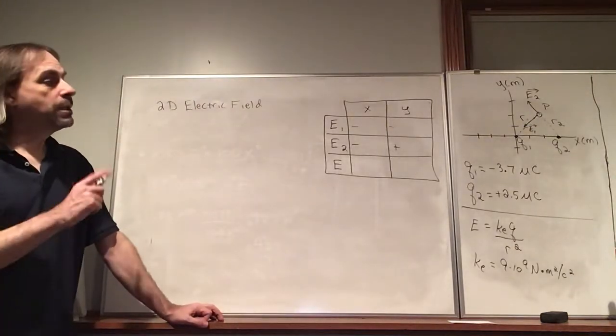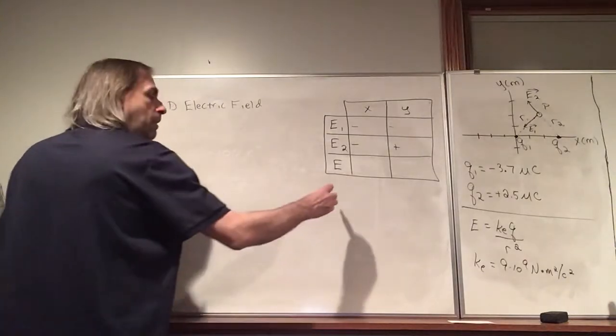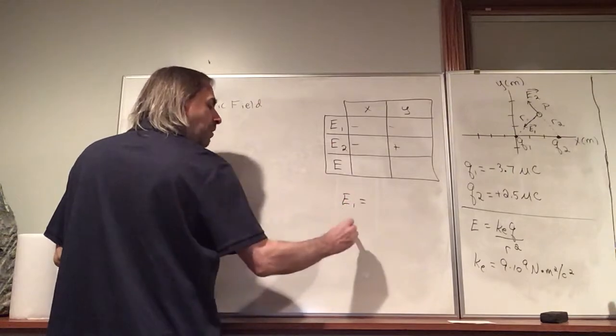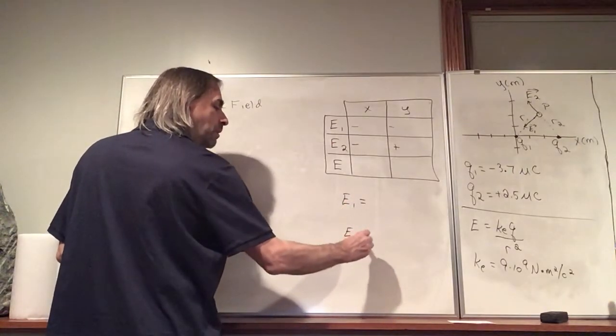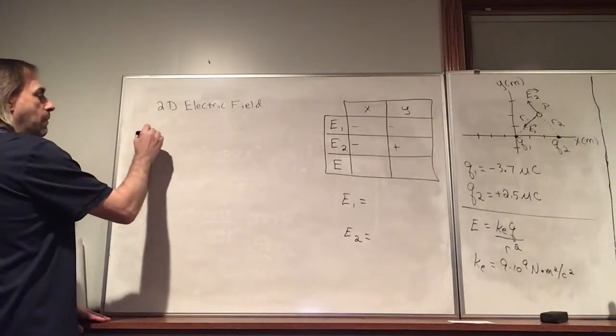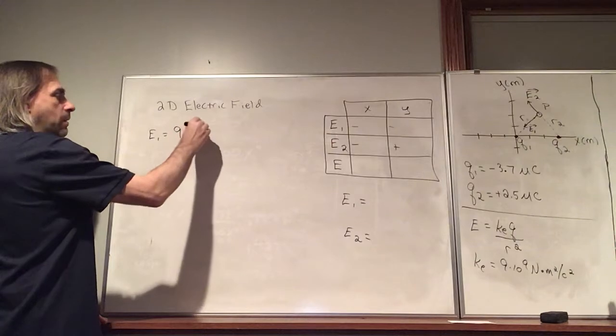So let's find E1 and E2 to start with. I'll just write down the magnitudes here. First we'll calculate E1. That's our constant k.